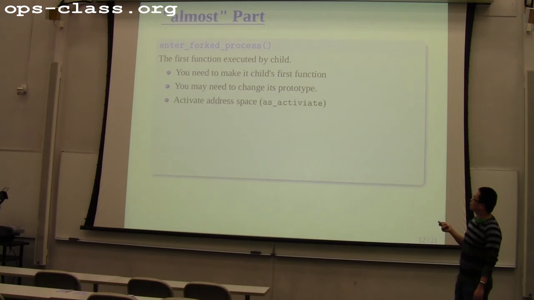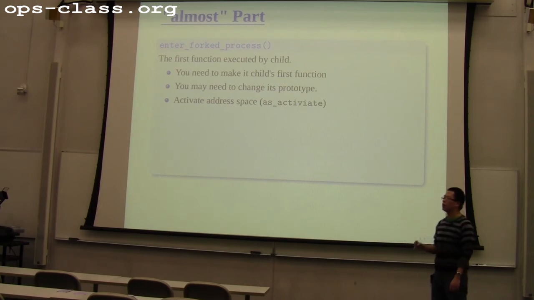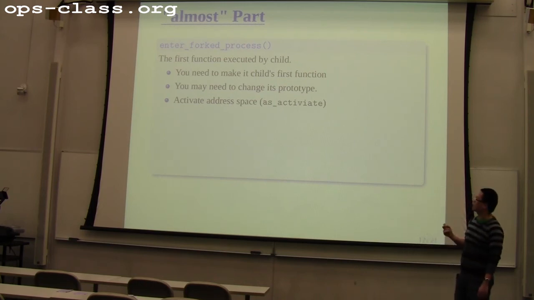Inside this function, you may want to do a couple of things to set up the child thread's properties. The first is that you want to activate the address space, basically call this function. The parent has already copied the address space to the child, and at this point you want to activate it.